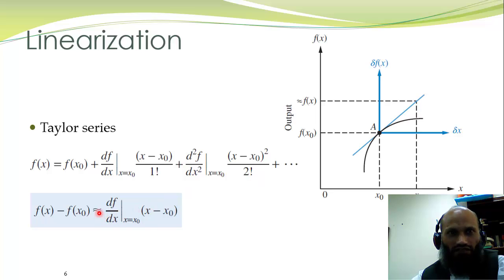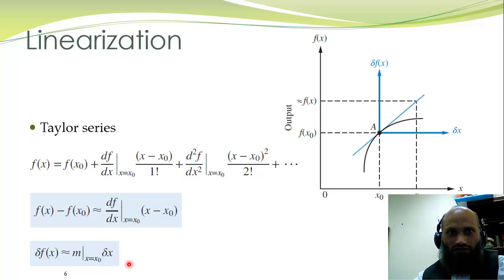This is only approximately valid because we have omitted the higher order terms. And then we can rename this difference as another function, delta f of x. This is named as m, and x minus x naught is called delta of x, which is a linear function. This function is a linear function.